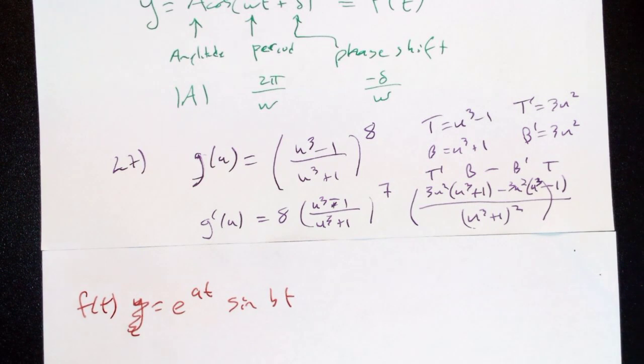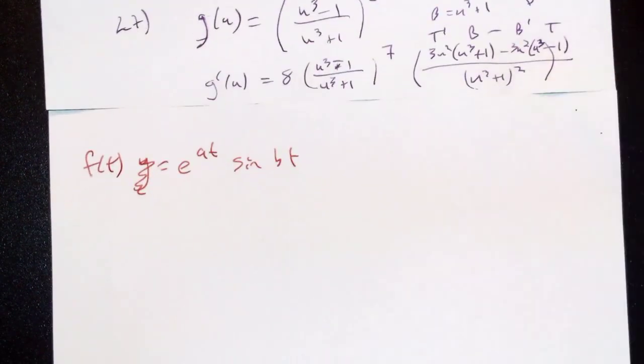F of t. The fact that it is written f of t means t is the only variable. A and b are numbers. So, e to number t sine of bt. I'm multiplying those things together. E to the at times sine of bt.